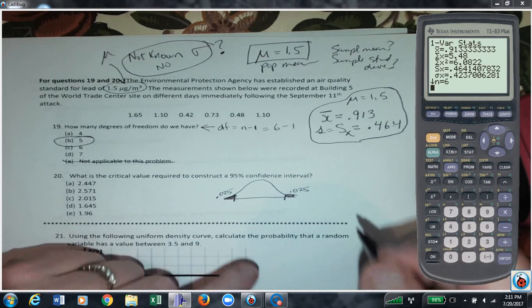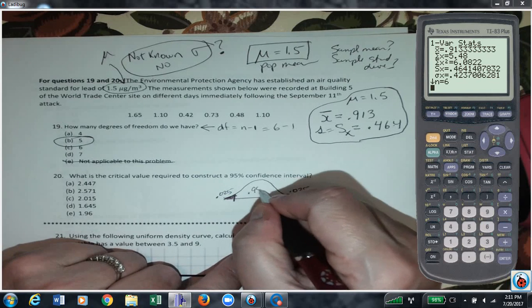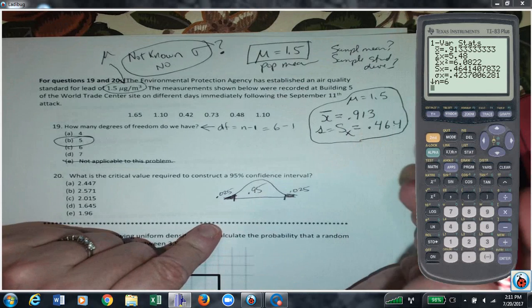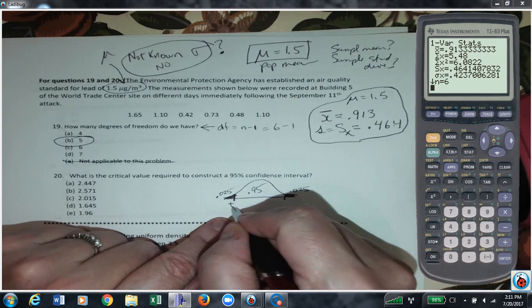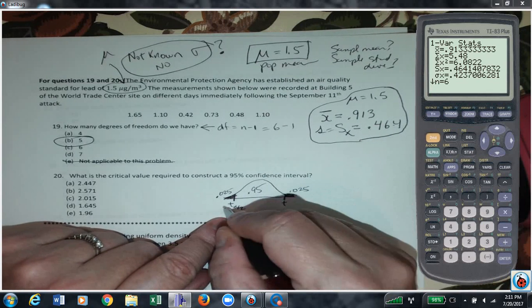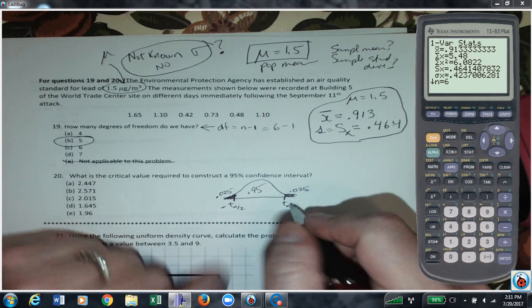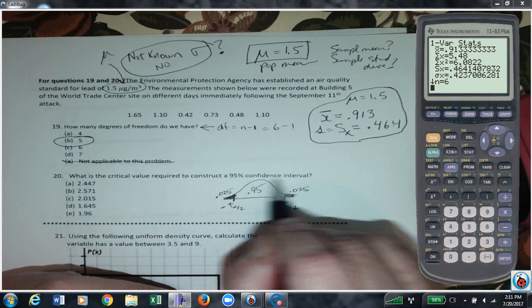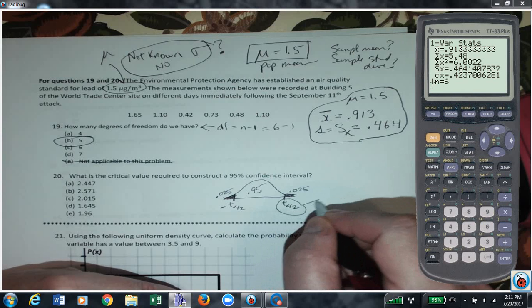These are not z-scores because sigma is unknown. I can't get z-scores. These are t-scores. And for a confidence interval, I just want this guy.